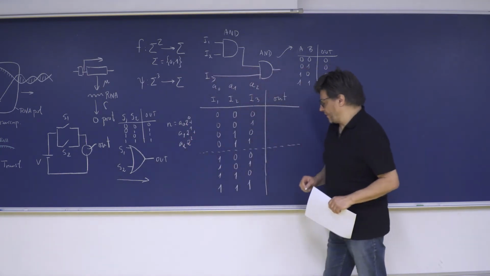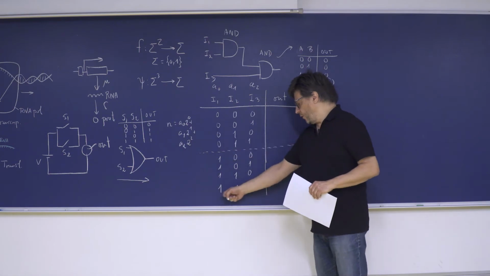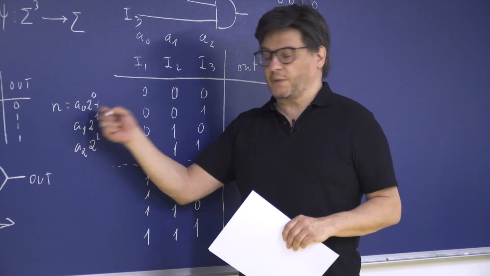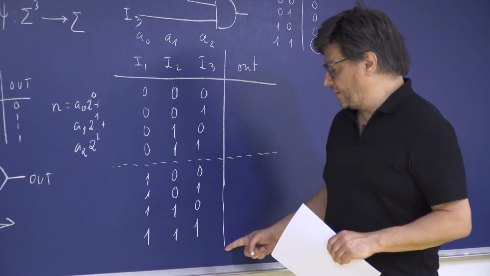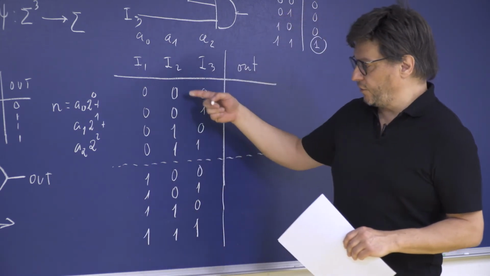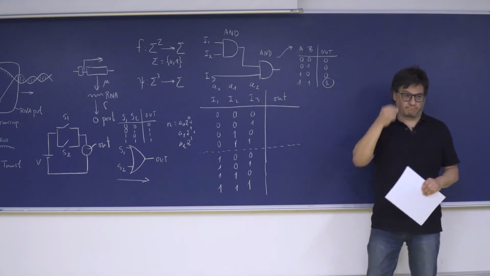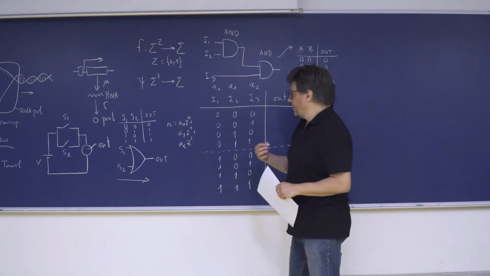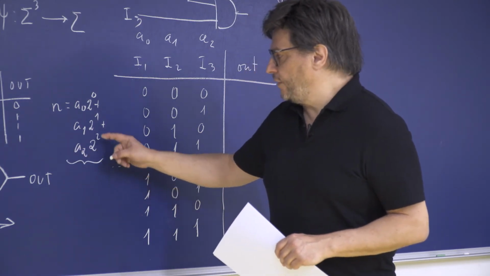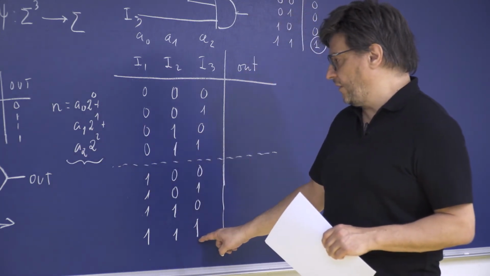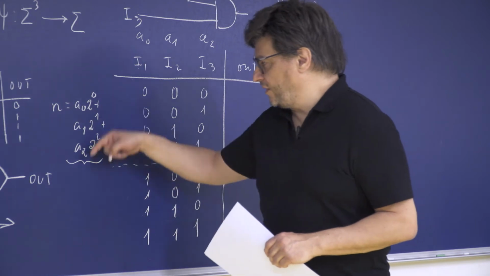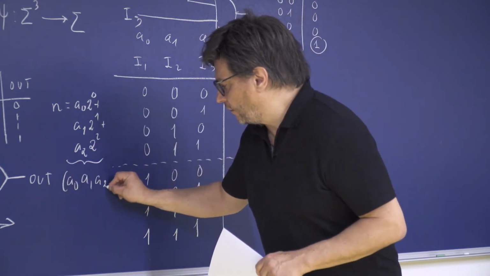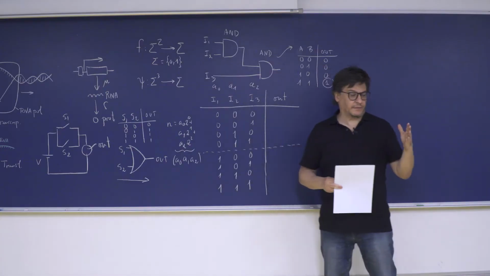For example, here you will have 1, 1, 1. That would be 4 plus 2 plus 1, 7. My last number will be 0 here, and you can show that this is just the mapping. So in binary basis, this number here will be 1, 1, 1, or in general A0, A1, A2. That's the way we translate things.